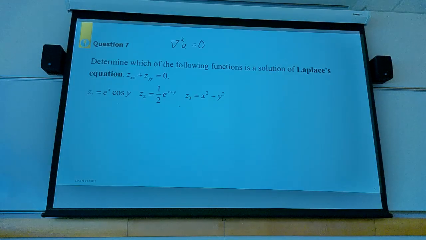Want to determine which of these 3 functions, if any, is a solution to Laplace's equation. So here, let's just focus on Z1 first. Its partial with respect to x.